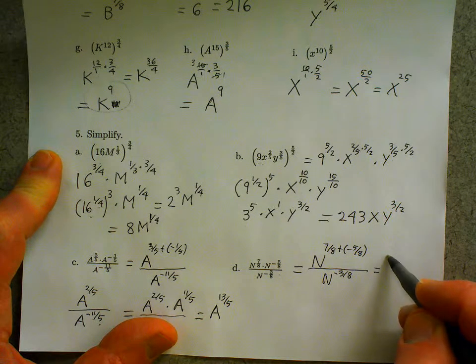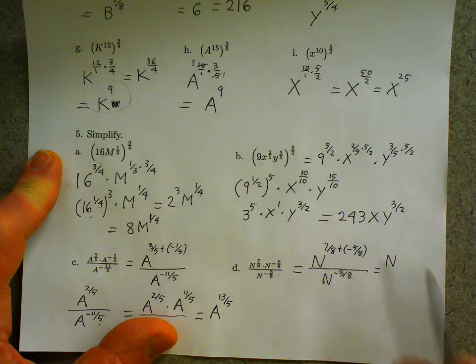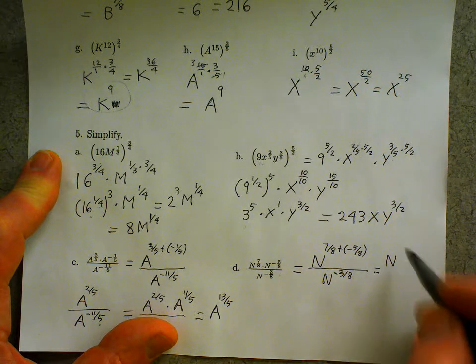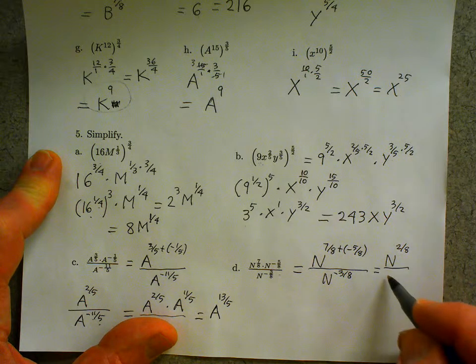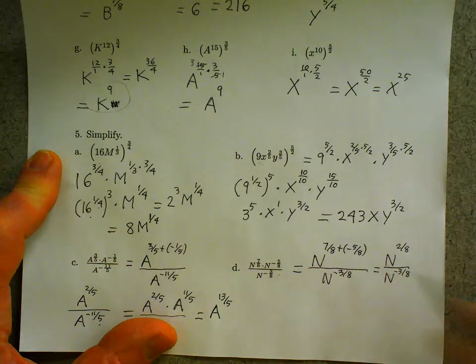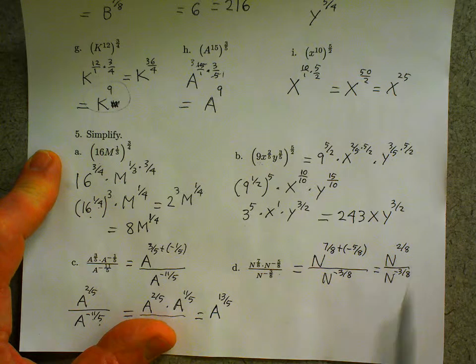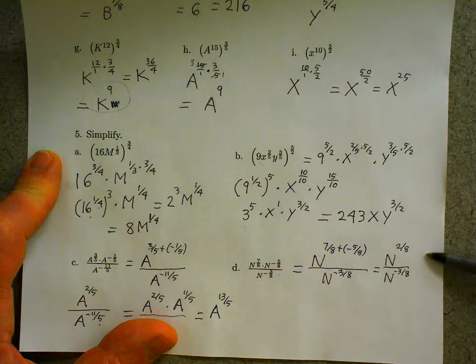In the numerator, n to the 7/8 plus negative 5/8 is n to the 2/8, divided by n to the negative 3/8. It is true that 2/8 simplifies to 1/4, but you can anticipate that we're going to need the 2/8 in the next step anyway.